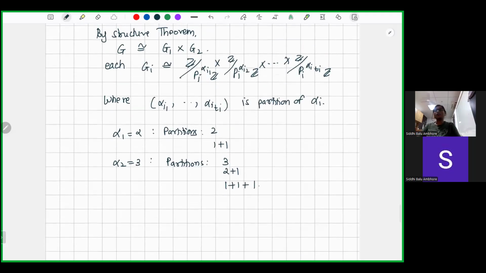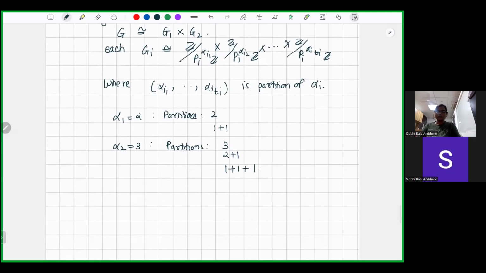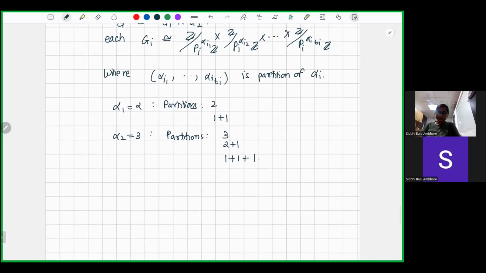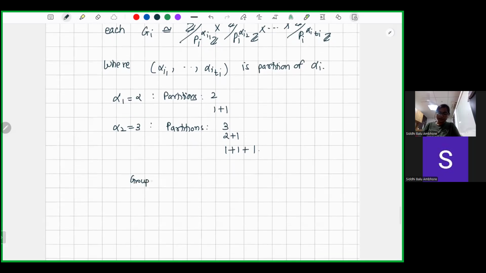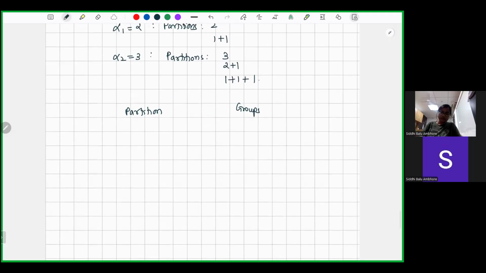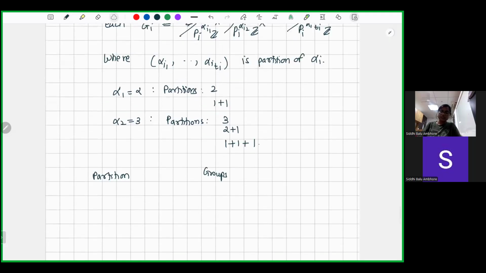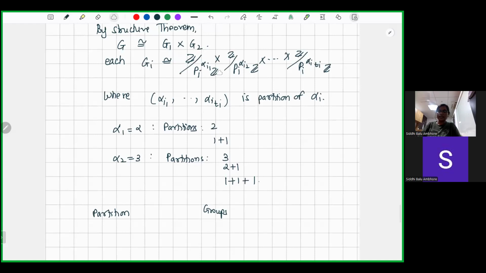So how to write the possible groups? With each of these primes, I can choose one partition for this alpha i.